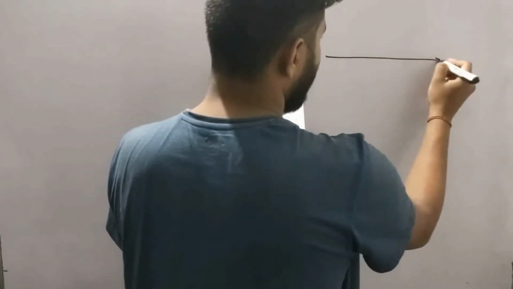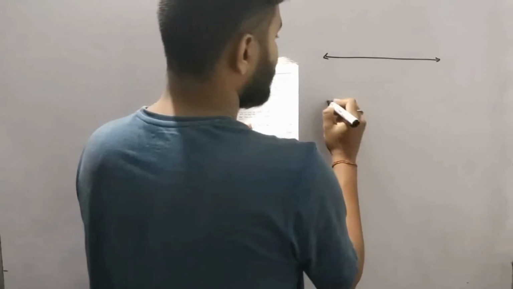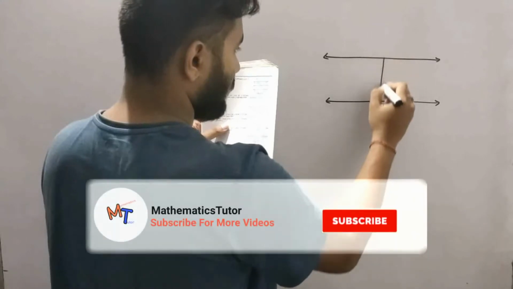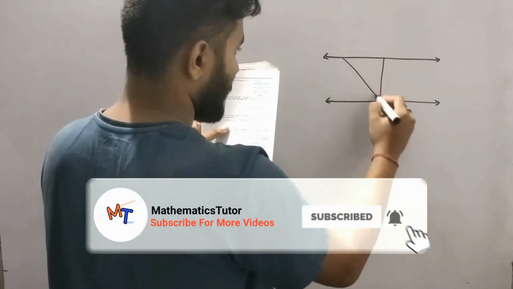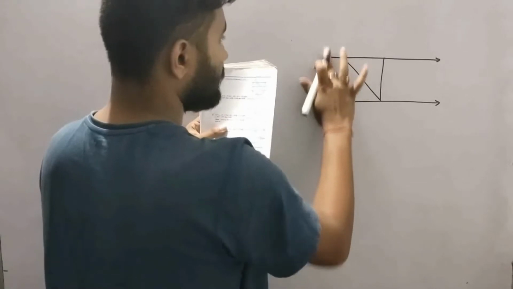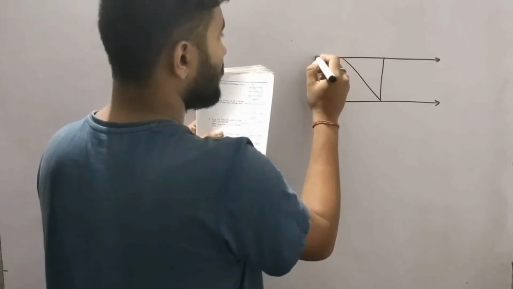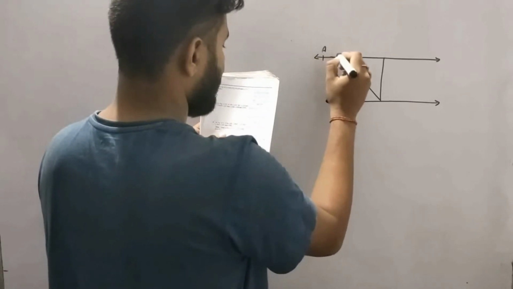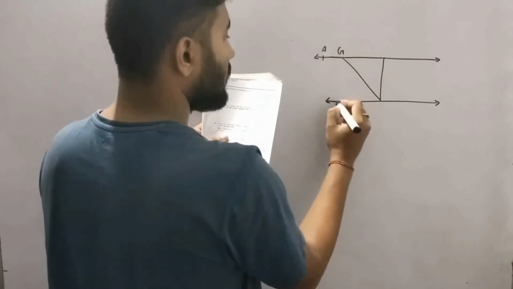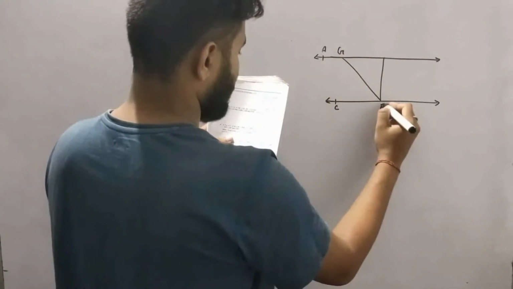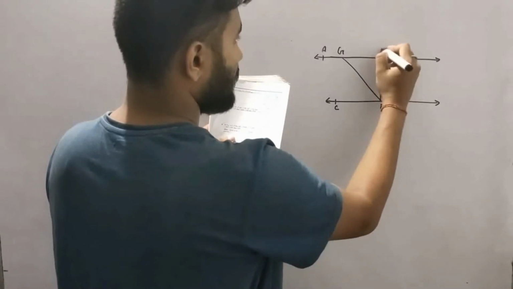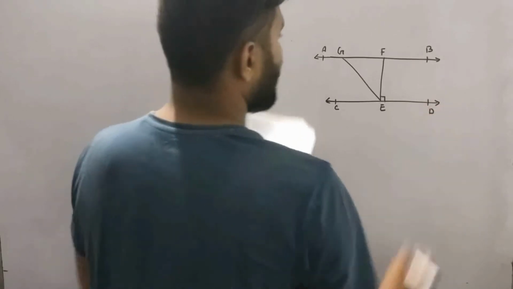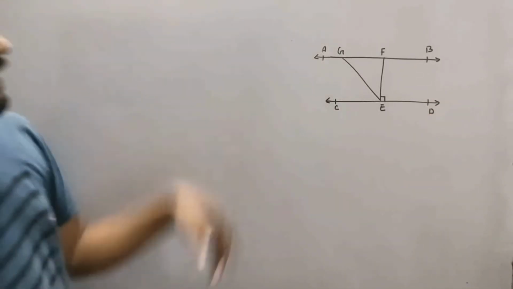So this is AB. Okay, so this is the diagram. So from the diagram, what is given?